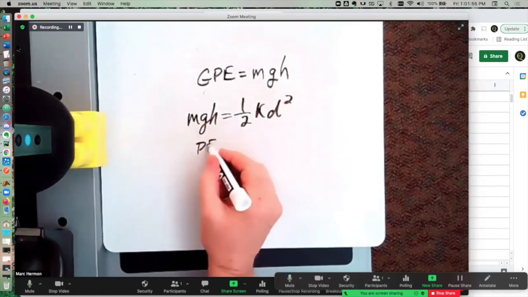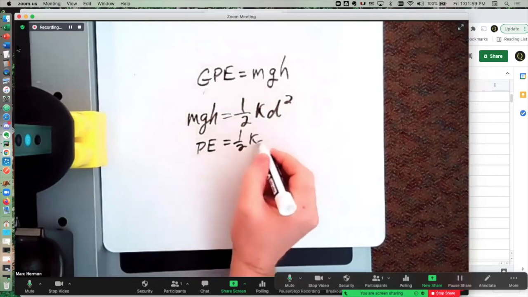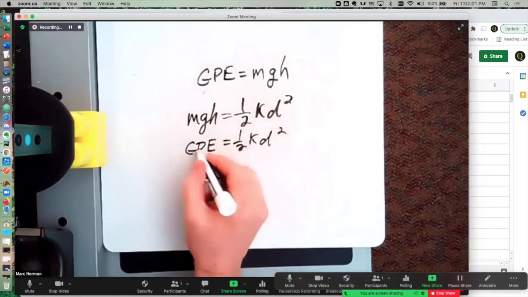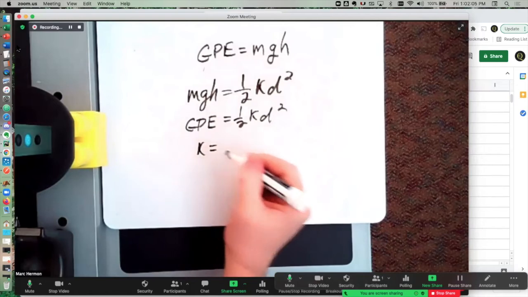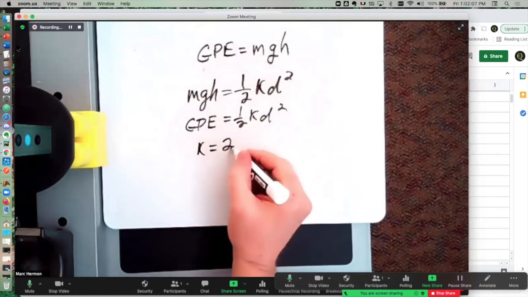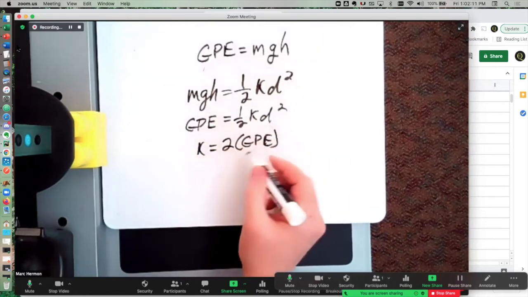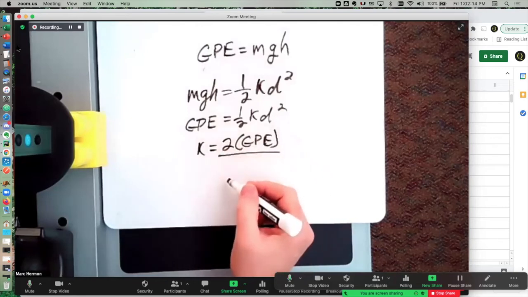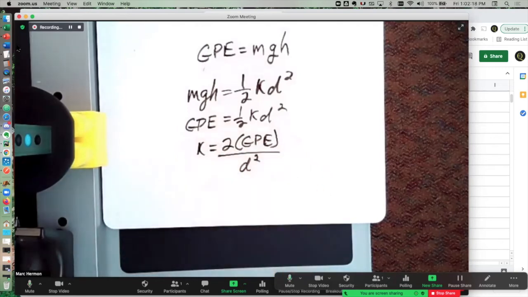We have that number. So that number is 1/2 kd squared. So the K value should be 2 times the GPE, divided by the displacement that we've stretched it all the way out, squared.